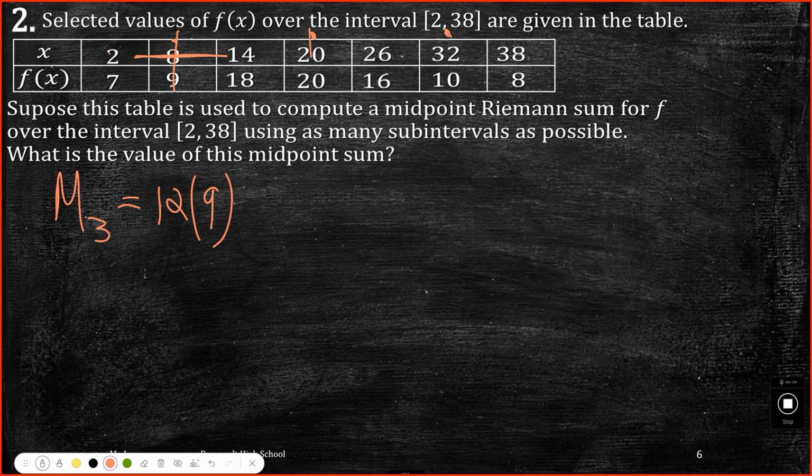So you can go like this. So 12 times 9, then what? 12 again?